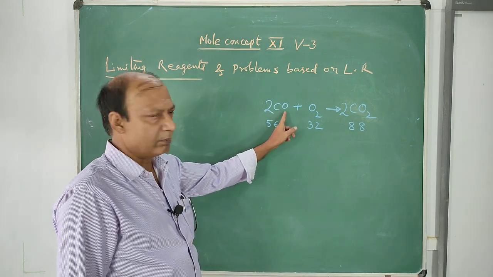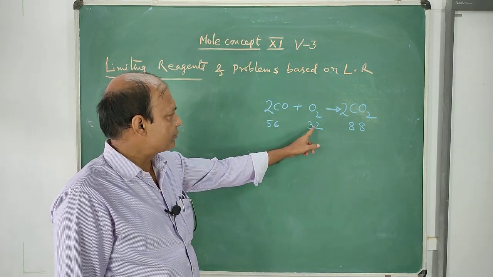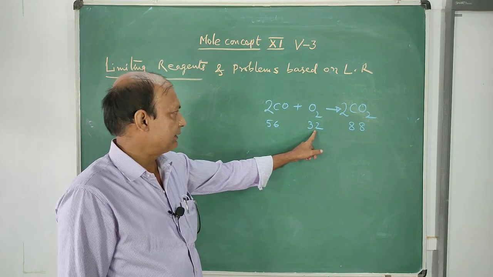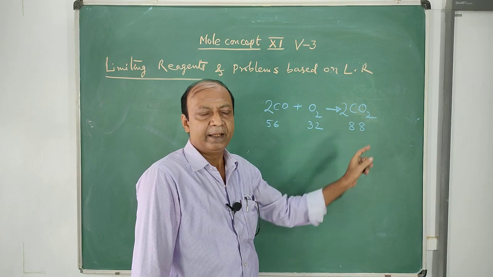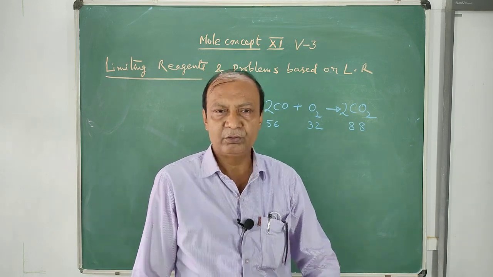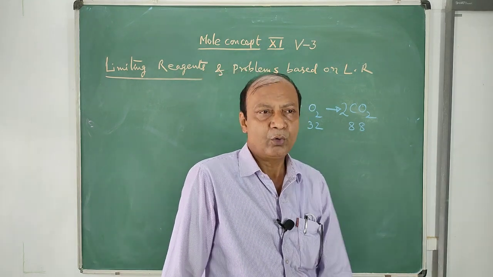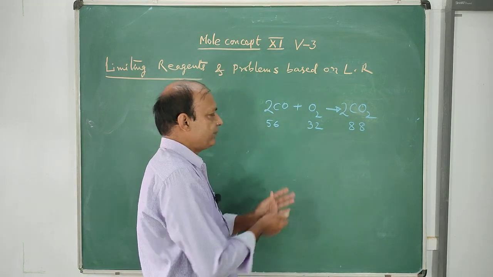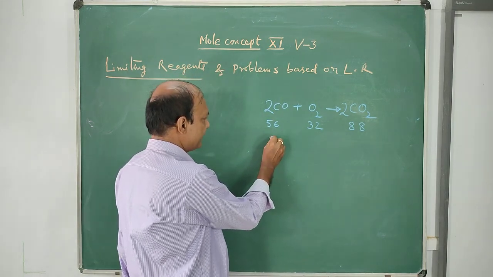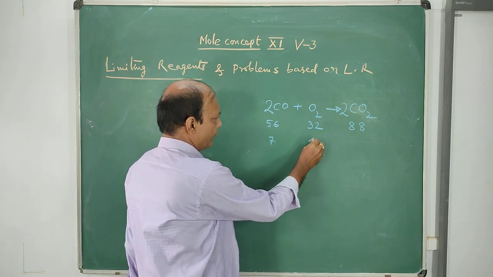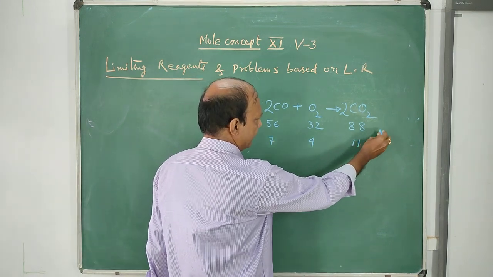56 parts carbon monoxide combines with 32 parts of oxygen, giving 88 parts of carbon dioxide. Every reaction has its own mass ratio. Let us simplify it: dividing by 8 you will get 7, 4, 11.